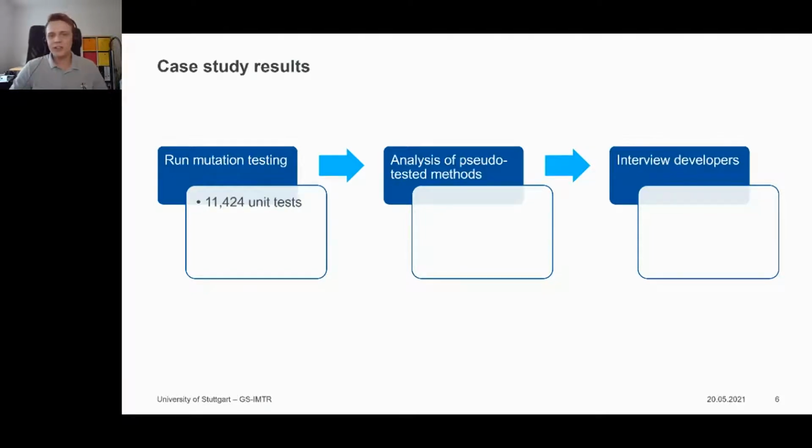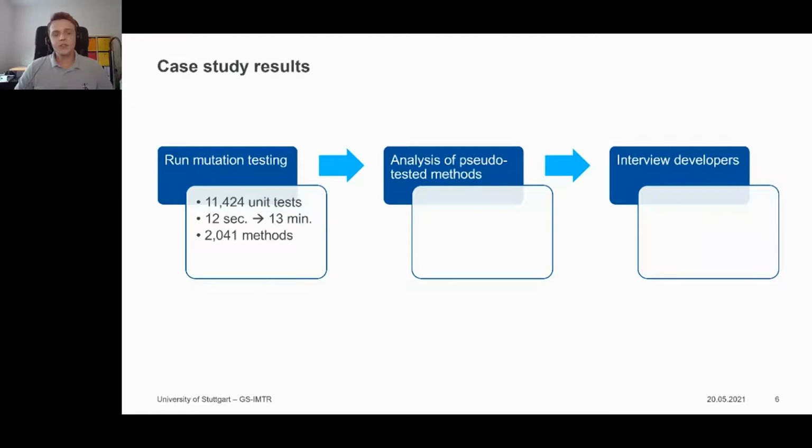And our results look now as follows. We had more than 11,000 unit tests, so quite a large test suite. And this test suite usually finished in 12 seconds. And it took with extreme mutation testing 13 minutes. Just for comparison, the traditional approach took about 37 minutes, so about 3 times as long.